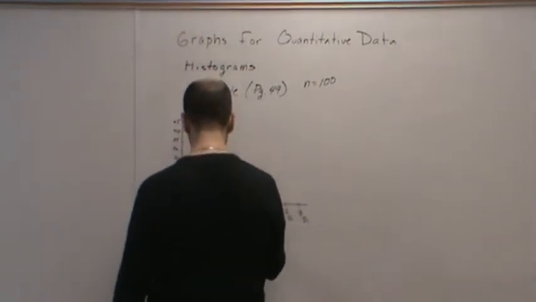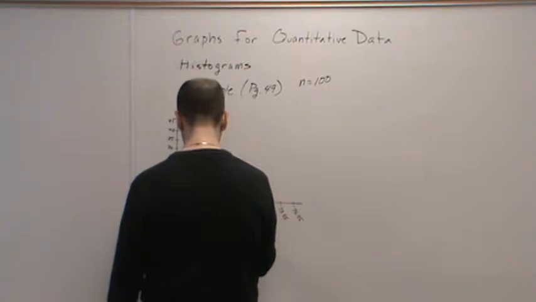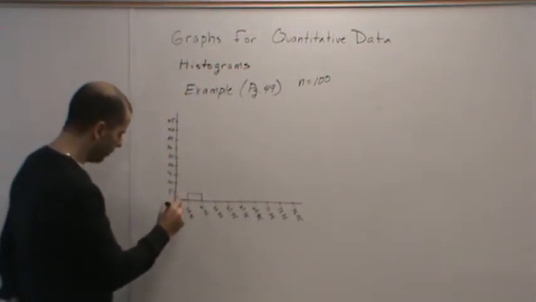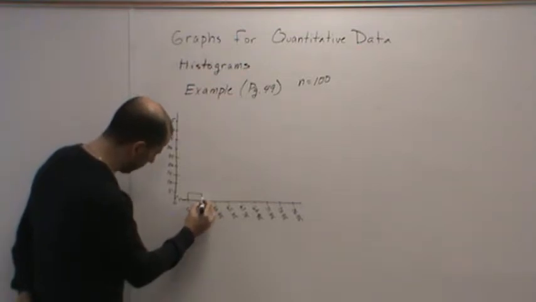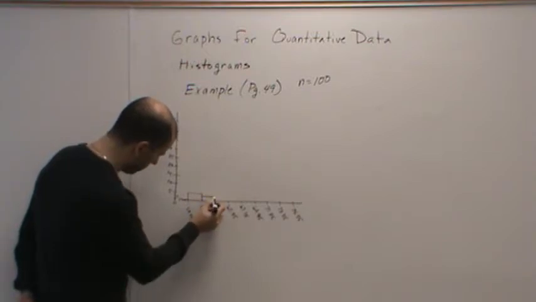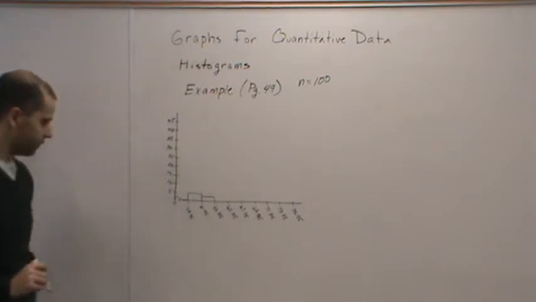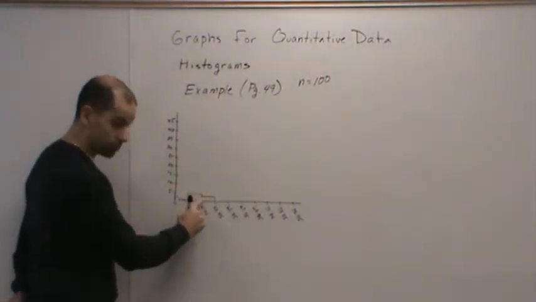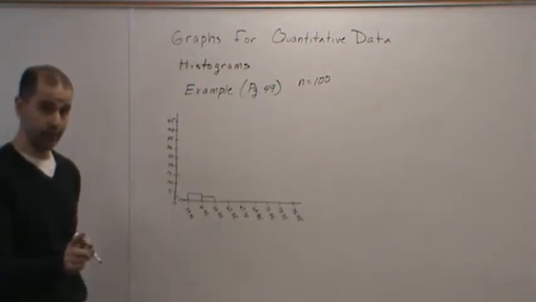So it's going to be a little bit shorter. So what I'm going to do is I'm going to estimate about 3, which is going to be right there, and I'm going to go across to the next boundary. Okay? Notice how my bars are touching, no gaps. Okay?